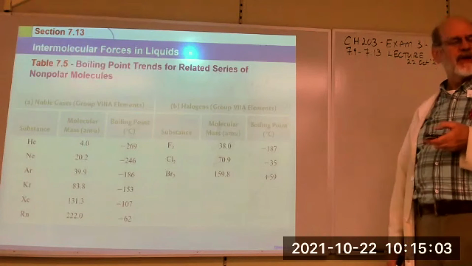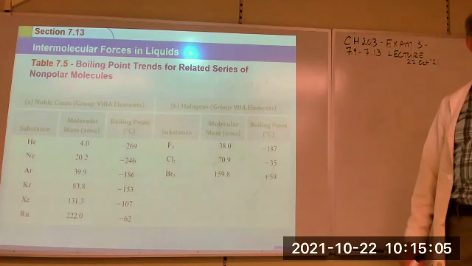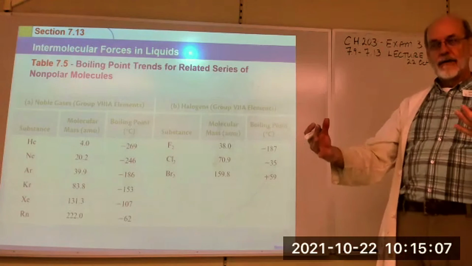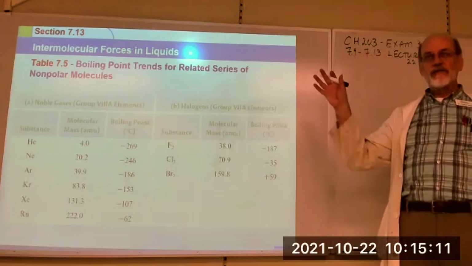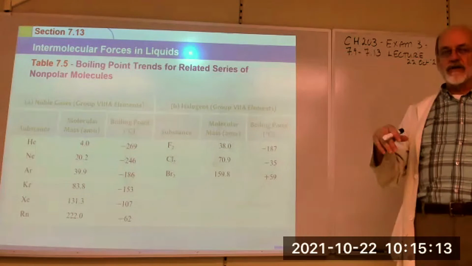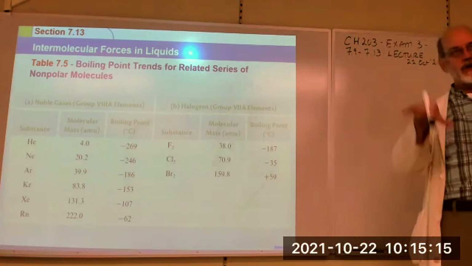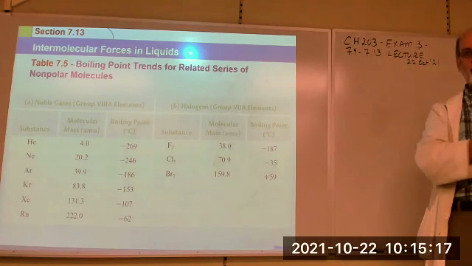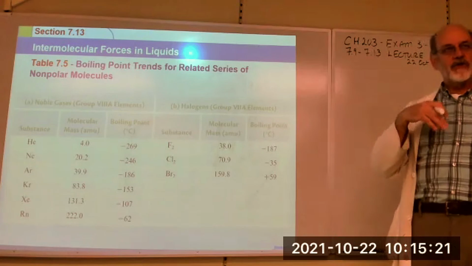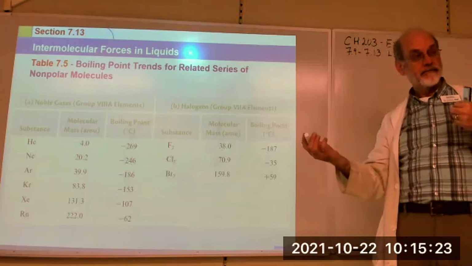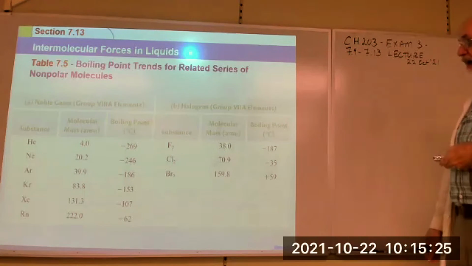It has more electrons out here, and they're all moving. And the more space you have, the more likely you are to get a momentary shift of electrons away from one side. You can make the whole atom slightly positive on one side, slightly negative on the other. And you'll see that here.